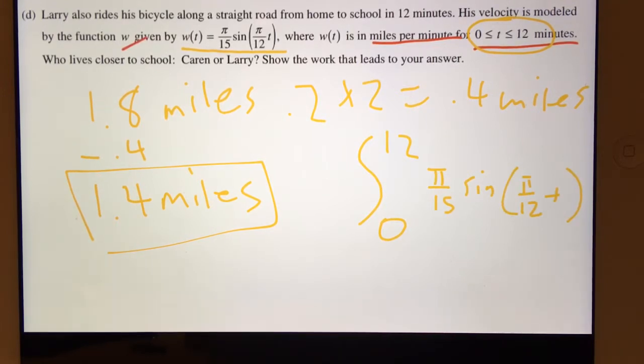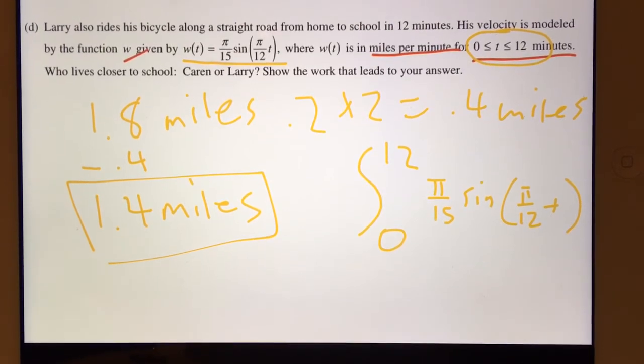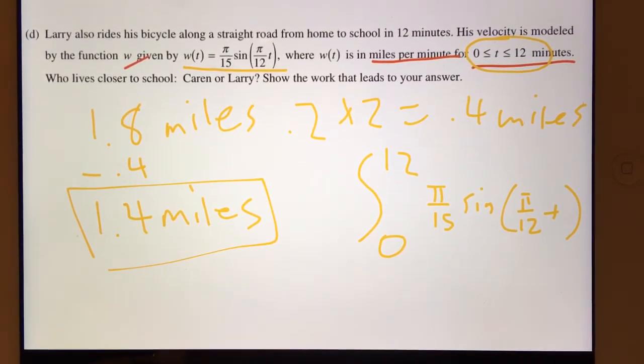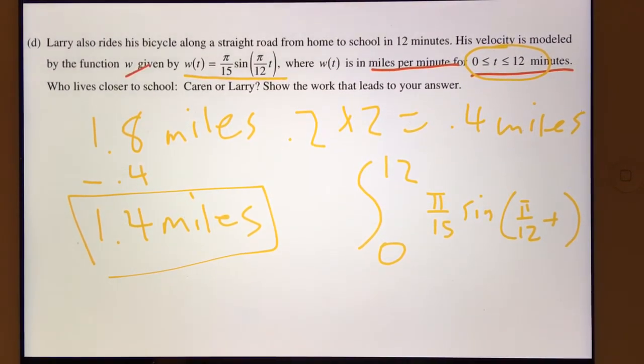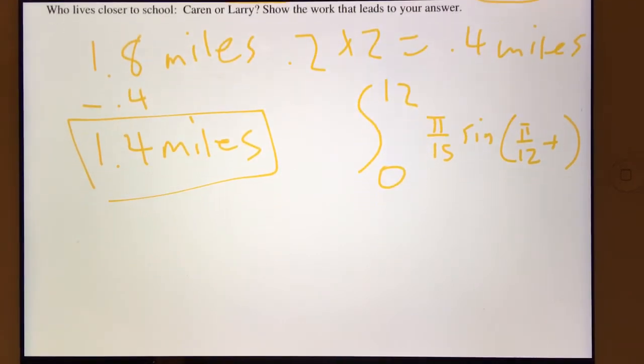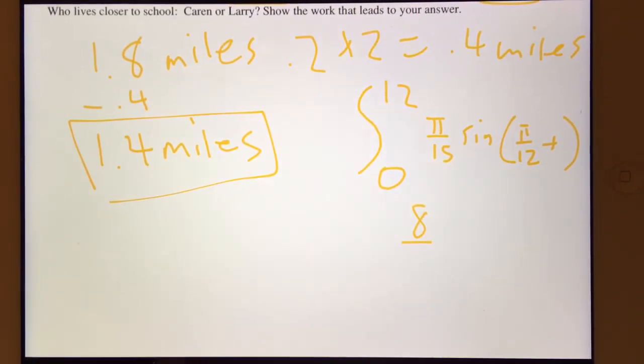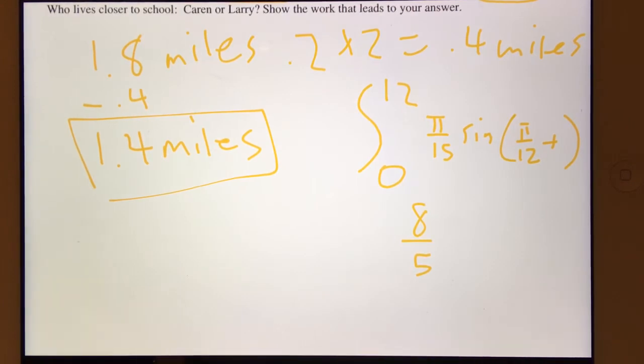If you integrate that, you will get the net distance he traveled from 0 to 12 minutes, which is, if you plug that into your calculator, 8/5 of a mile, or 1.6 miles.